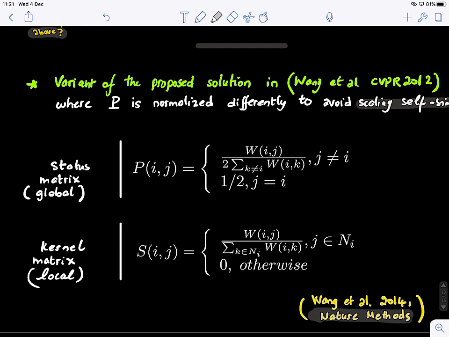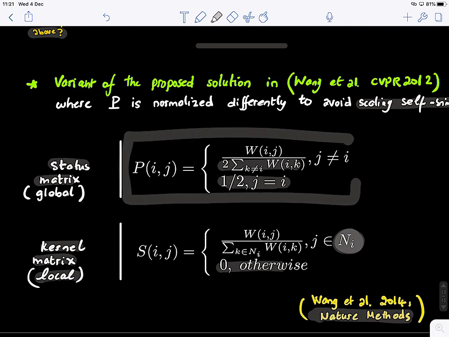So here they avoid that by using this new normalization for the global status matrix. The kernel matrix is the same, not changed, because this is a local neighborhood of node I, and this is what they're updating. You can try both formalizations and see which one gives better results.